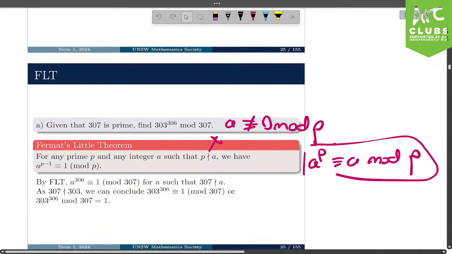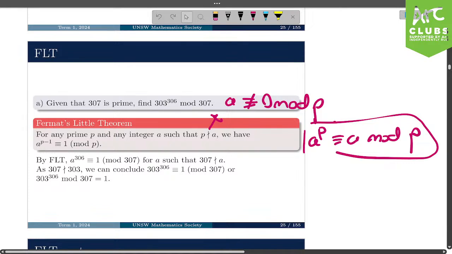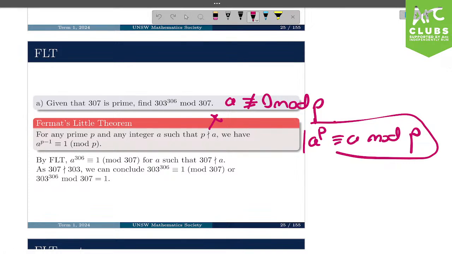How would we use Fermat's law theorem here? We note that 307 is prime, and by Fermat's law theorem, we get that 8 to the 306 is congruent to 1 mod 307, and this happens if a is not a multiple of 307.